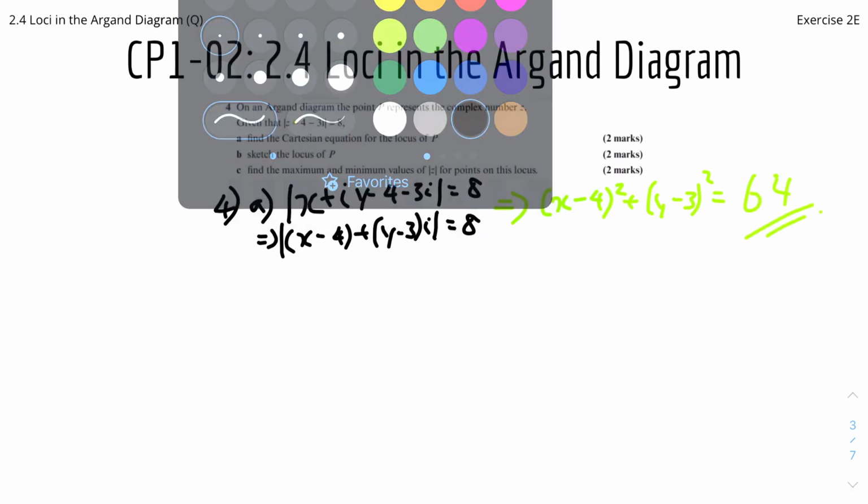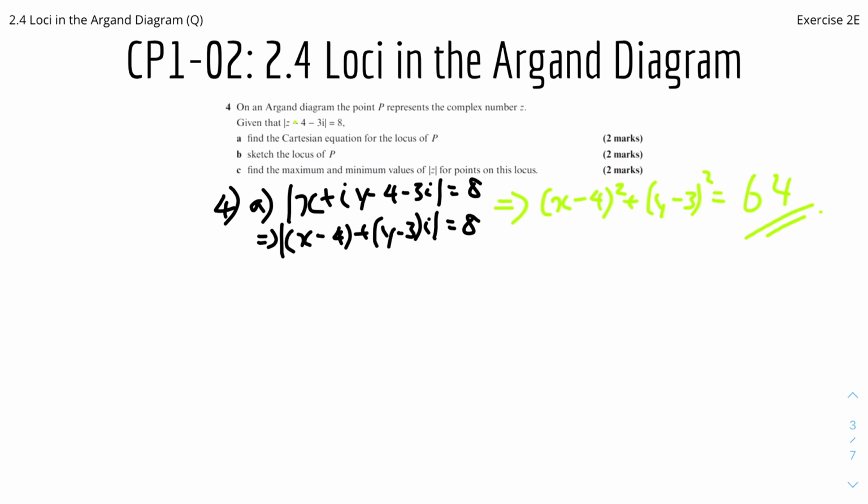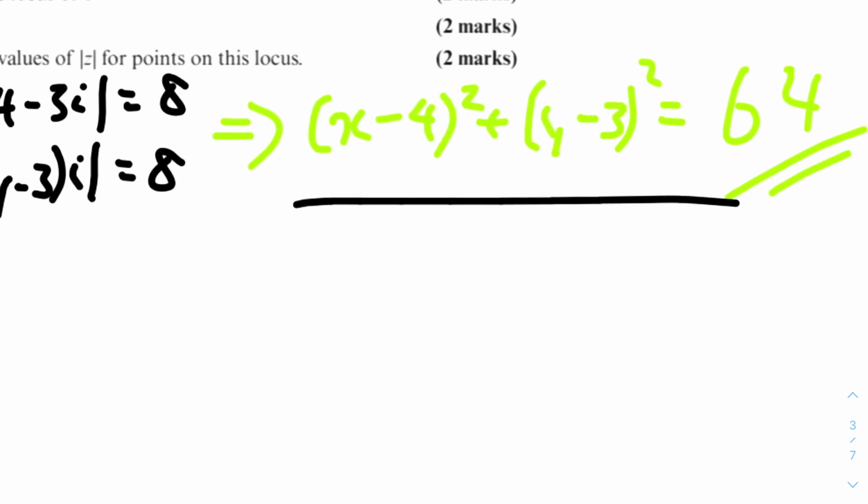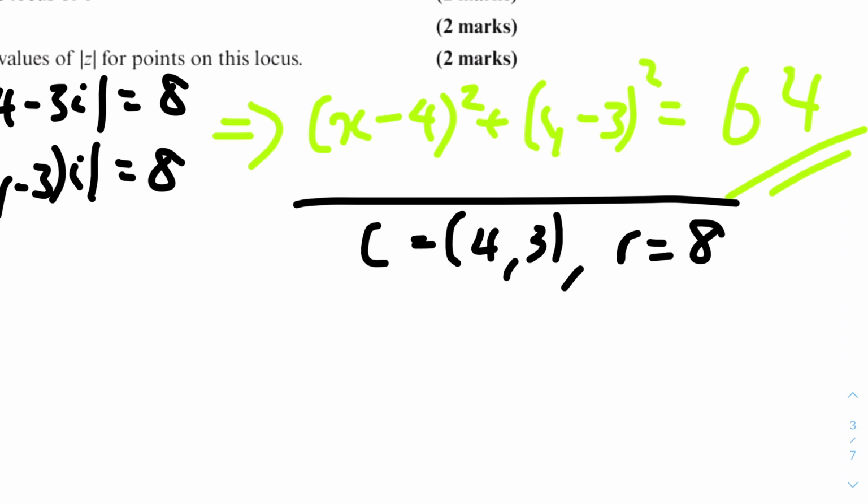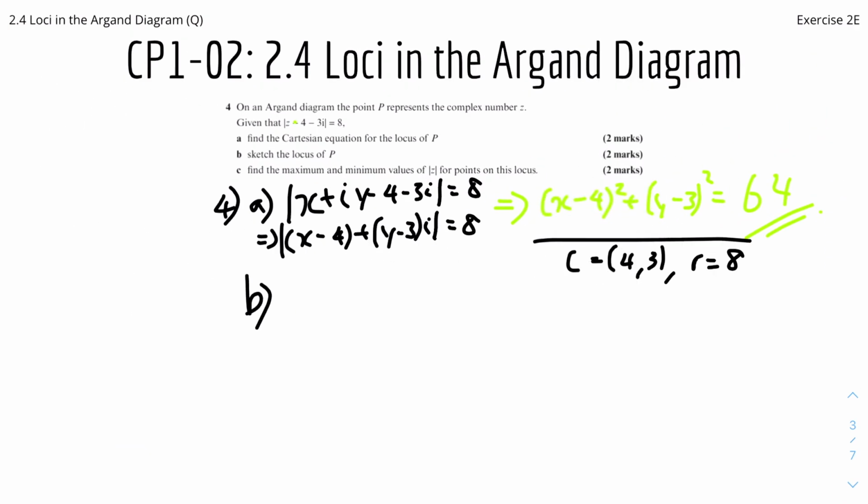And sketch the locus of P. So we basically have this locus right here, which is basically a circle with center at 4, 3 and radius 8, right? So we can just sketch right here, the real axis and the imaginary axis, like so.